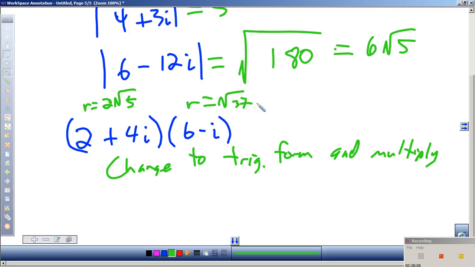And how do you get theta? So first, where's 2, 4? Which quadrant? Okay, first quadrant, so 1, 2, 2, 3, 4. So somewhere there. So we can take inverse tangent of 4 over 2.